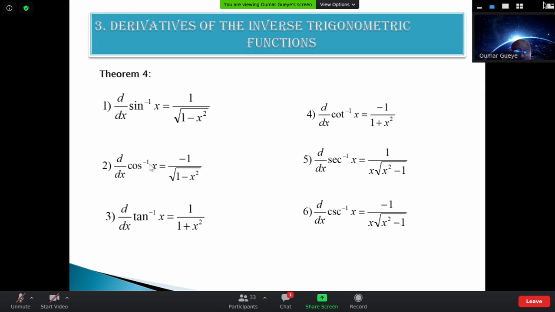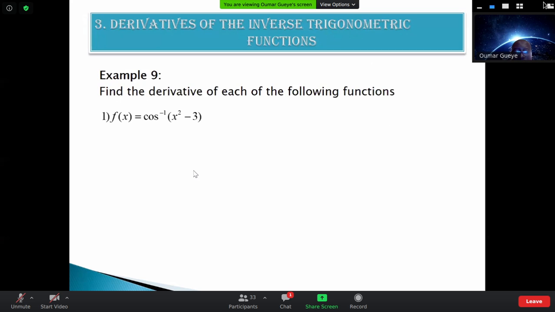The difference here is instead of x, we have a function which is equal to x squared minus 3. So you use this formula by replacing this x by x squared minus 3 in our example. So here it's going to be x squared minus 3, you square it. And you have to differentiate the inner function.